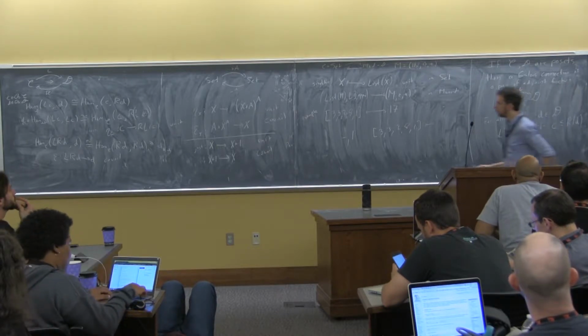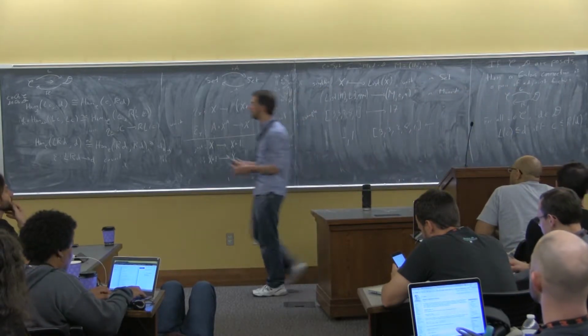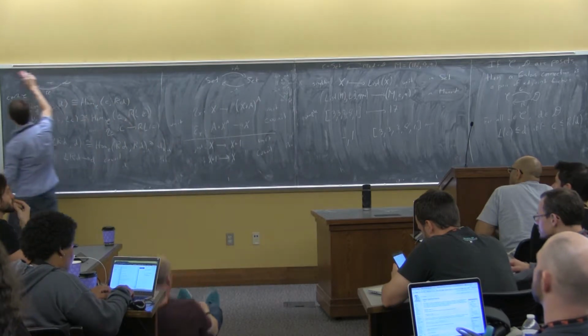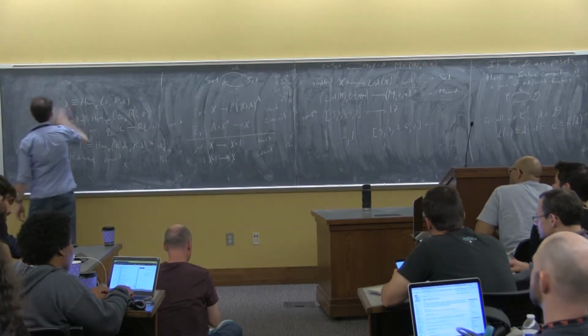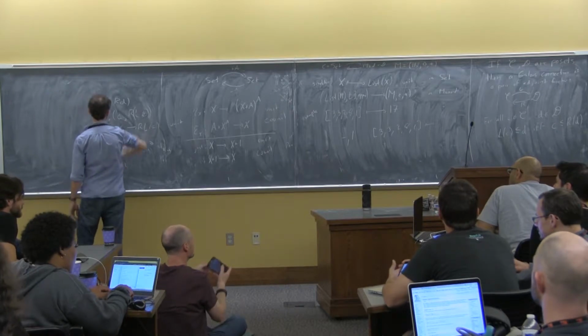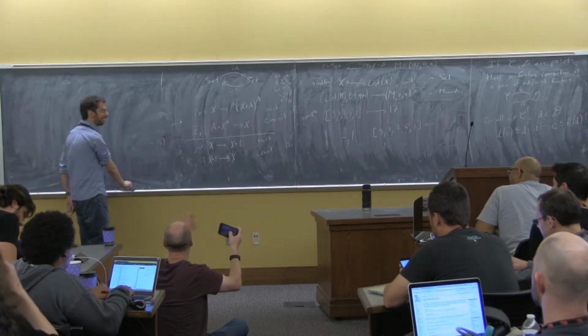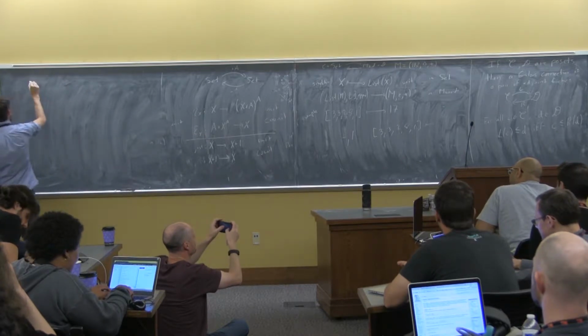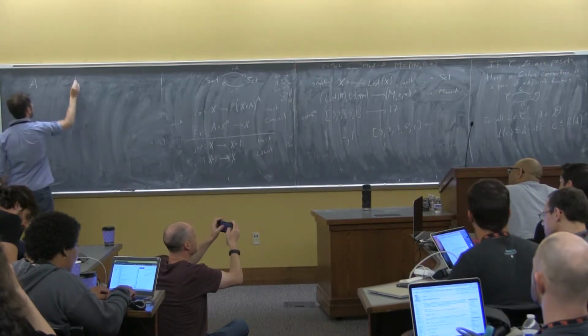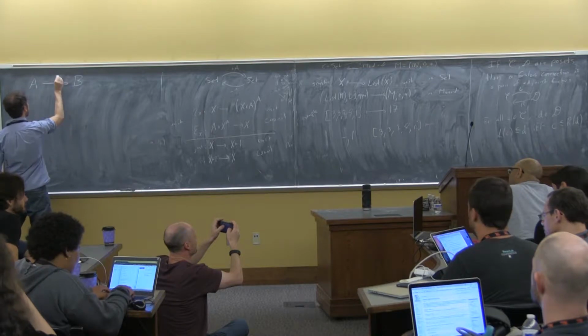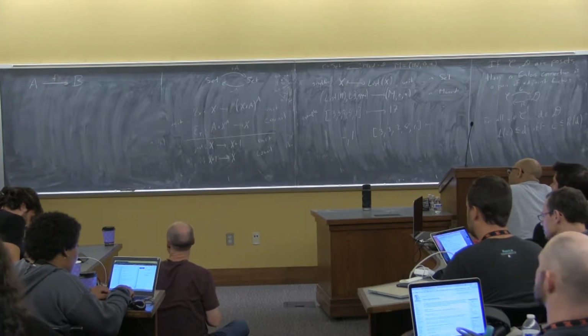So I could give you a nice example. Do you like power sets? Okay, great. Say you have two sets, A and B, and a function between them, f. You have two data types, I guess.